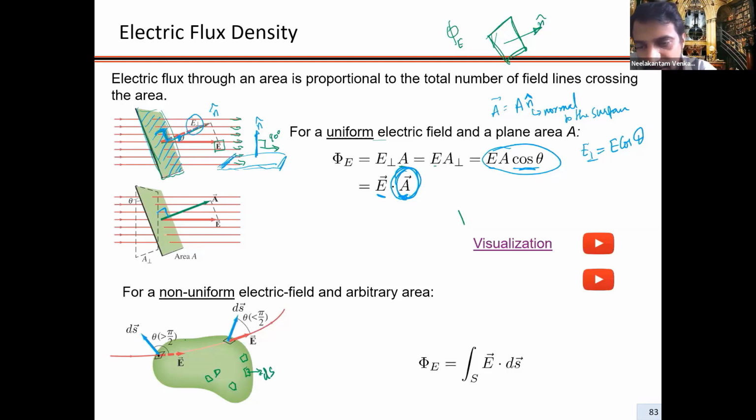I can find the D dot dS, or E dot dS, at every small little dS. And then I need to add them up together. If you want to add up the small little pieces, you're integrating them. So you integrate that over the entire surface, and that is going to be the electric flux, capital Phi.